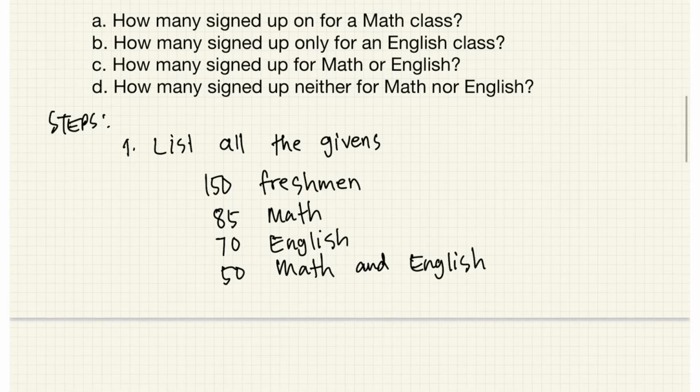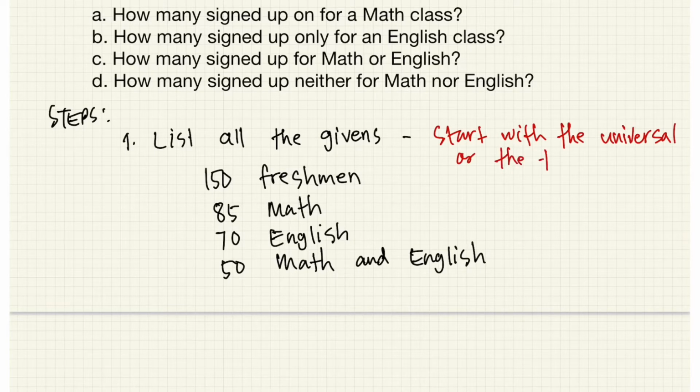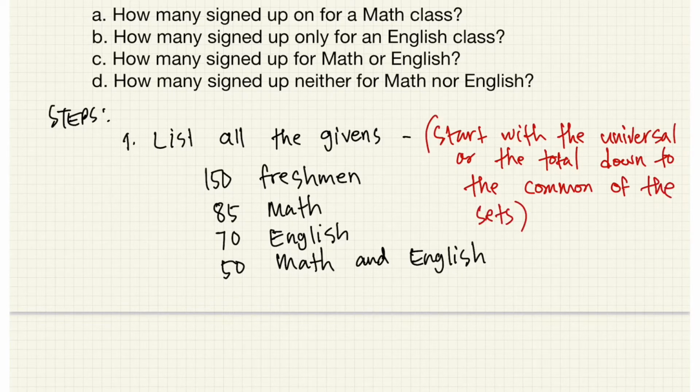When you list all the givens, make sure you start with the universal set, or the total, down to the common part of the sets. That is how you list the givens.